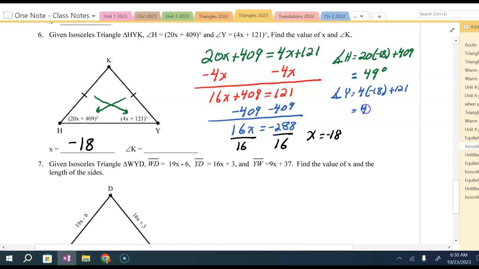Doing that, I get 49 degrees, and that's a nice little check. So each of the angles H and Y are 49 degrees. Then to get angle K, I would do 49 plus 49, and I'm going to get 98. And then I'll subtract from 180 because the angles in a triangle add up to 180, and I'll get 82 degrees. So angle K is 82 degrees.